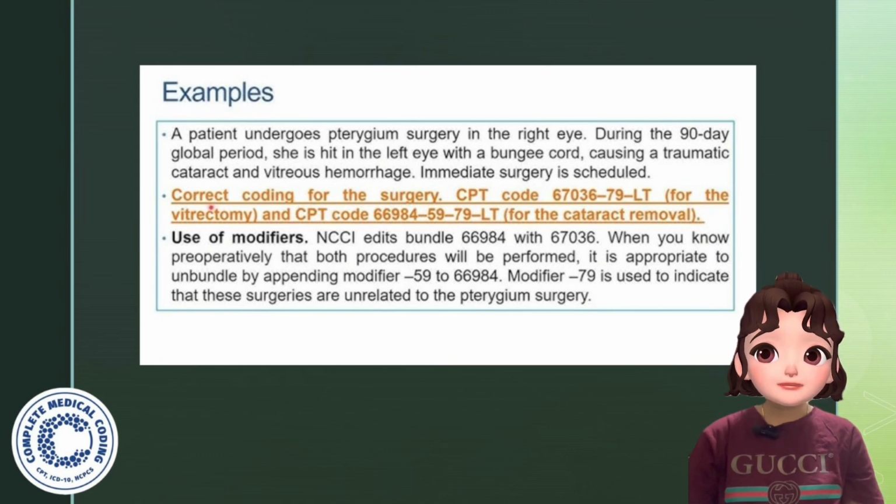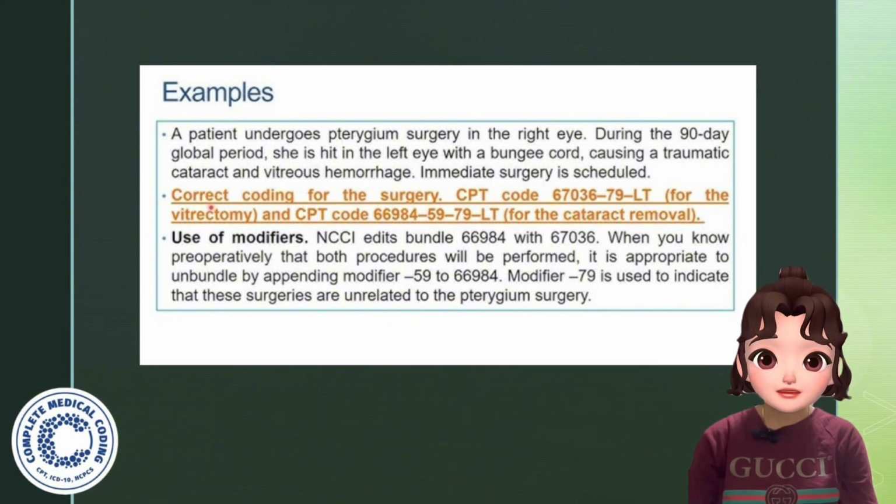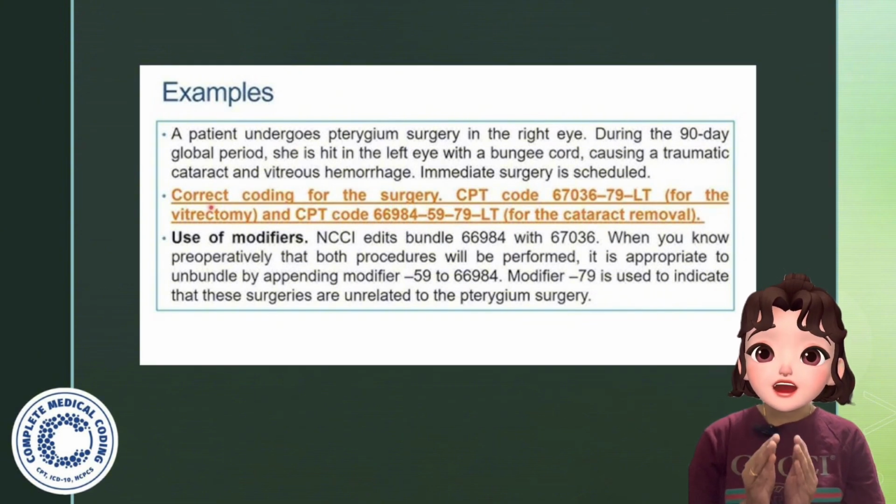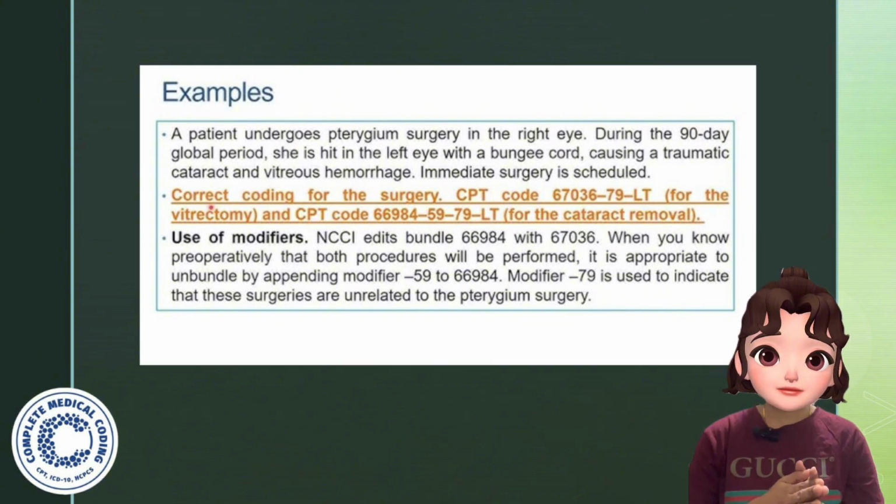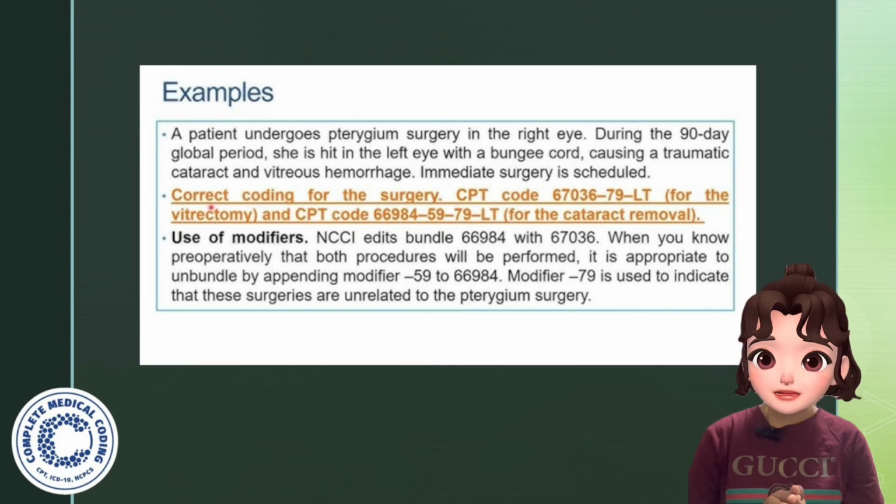So like that, for NCCI edits, look at what is mentioned under the use of modifiers. Here NCCI edits bundle 66984 with 67036. So as per the NCCI edits, these two codes 66984 and 67036 are bundled.